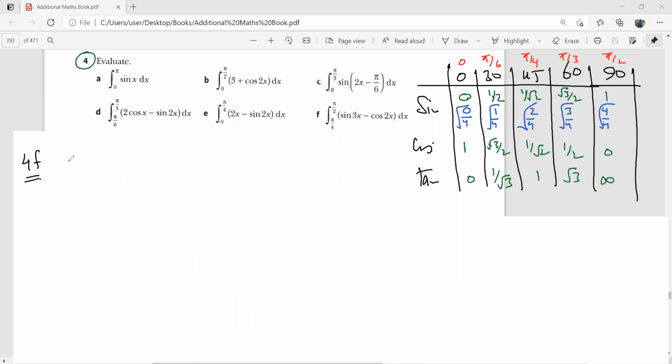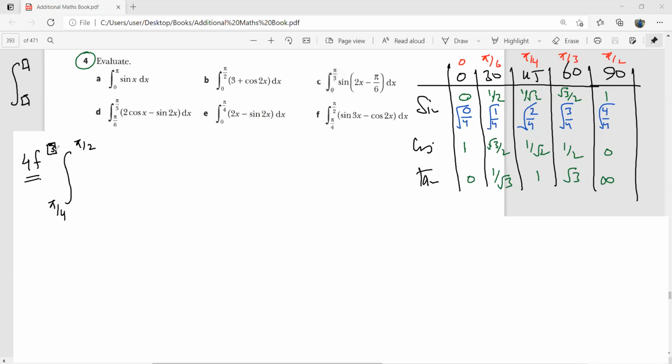So 4f. This is limit from pi by 4 to pi by 2. You should not be writing both these limits to the left like here. If you write one to the left, the other should be written at the top.